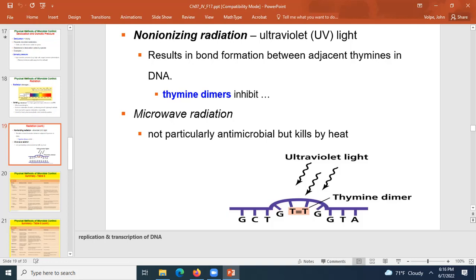And it depends on the type of radiation, like gamma rays can penetrate the object, but UV light cannot. So what I'm trying to tell you is that UV light is only good for killing microbes on surfaces and in the air. It's not good at killing things inside of an object.